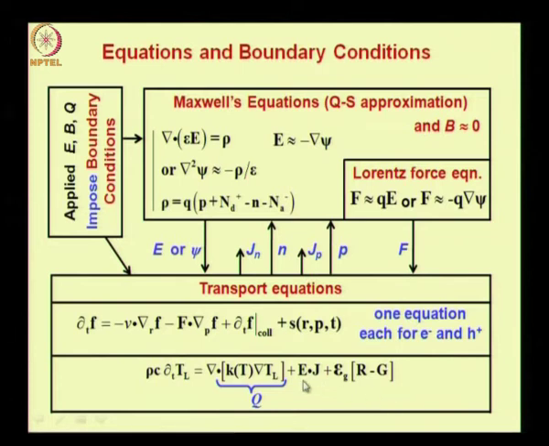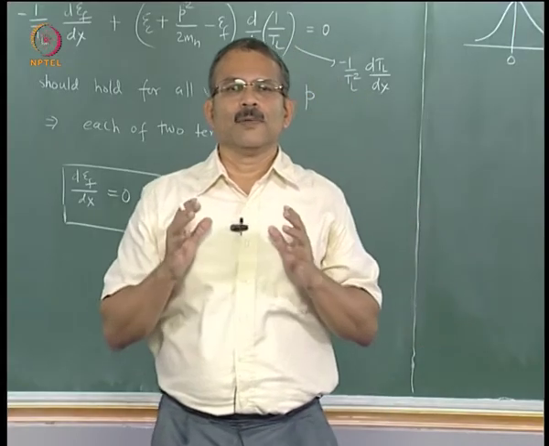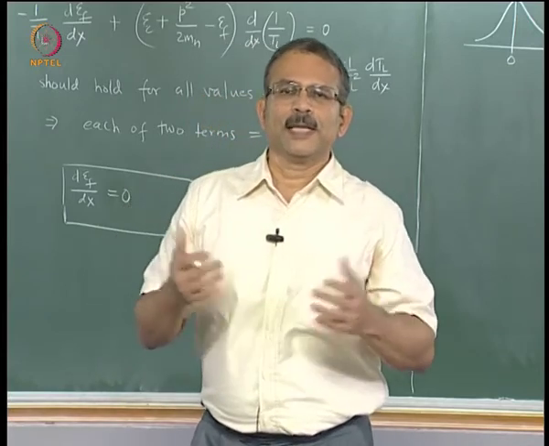Now one source of heat is the so called Joule heating, so electric field multiplied by the current density. This is the so called VI loss, right. You are applying a voltage and there is a current flow, the V into I, so that is being dissipated as heat.